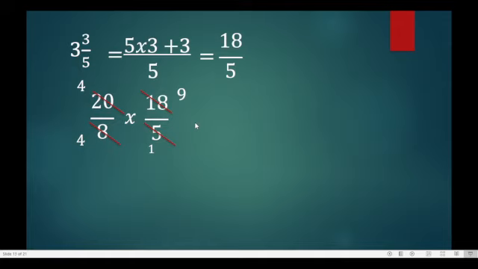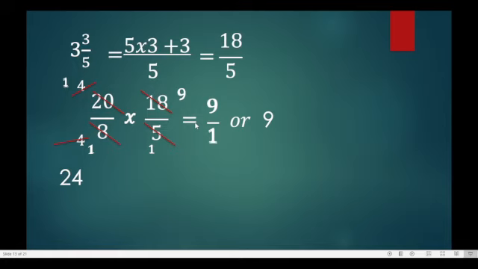And then we are not yet done. We can cancel 4 and 4. So 4 will become 1. So 1 times 9 is equal to 9. And 1 times 1 is 1. So that is 9 over 1 or 9. No need to indicate 1 below the whole number.